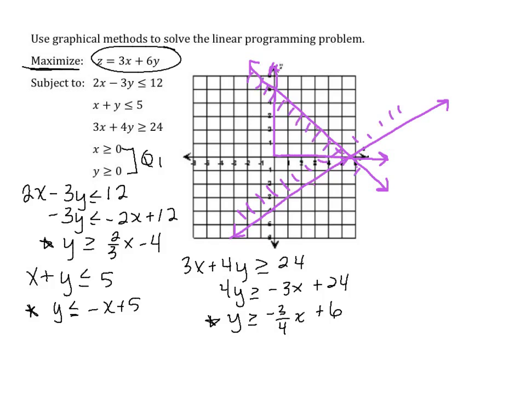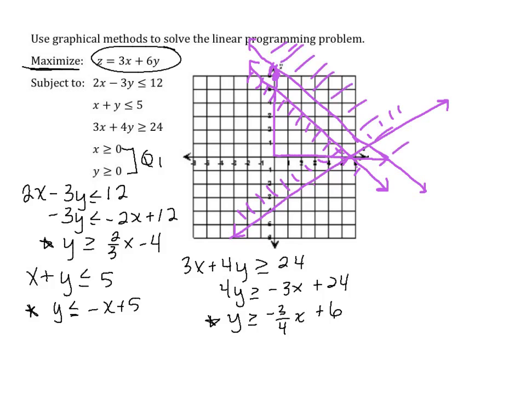And then if we go to positive 6, 1, 2, 3, 4, 5, 6. This one says we want to go down 3 to the right 4. We have another solid line. But this says we want to shade above.